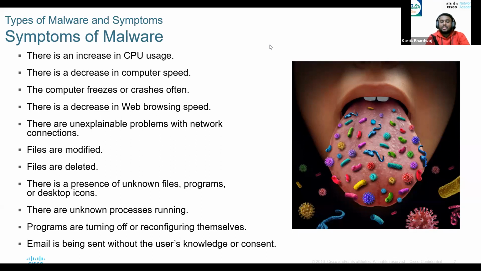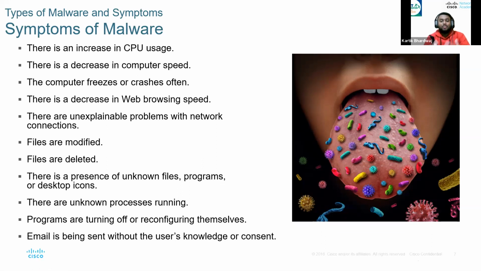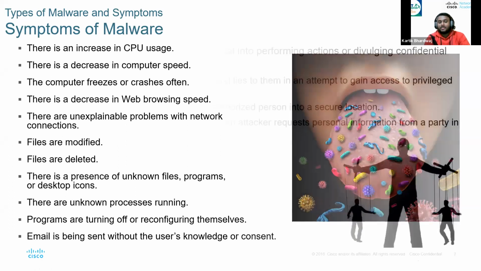I can find out which program running in the background is taking up too much of my CPU power, and I can right click on it to end the task. I'm not ending the task for Zoom right now because we are having a session on it. So this is a very important tool you can use to monitor your processes on your own computer, right? The task manager, to find out the symptoms.